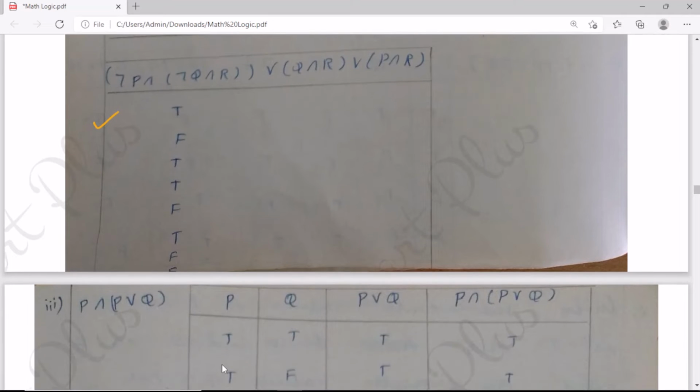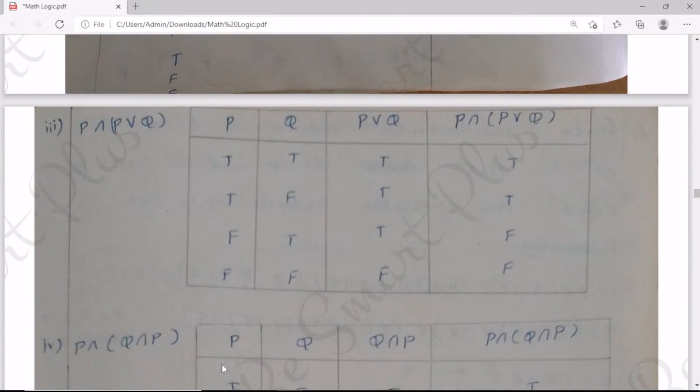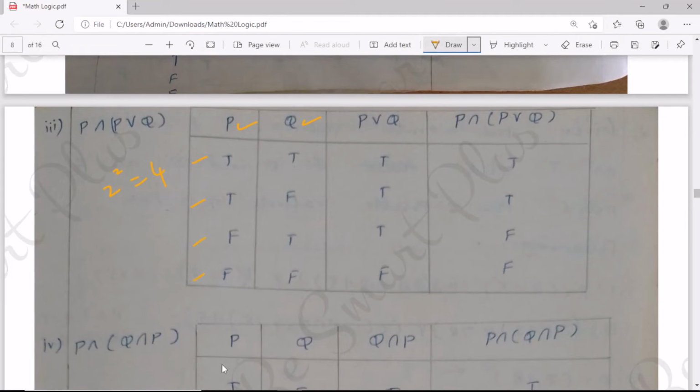Now the next one is P and (P or Q). This is a very simple one, isn't it? Here we have 2 variables P and Q, so we have 4 possibilities: true true, true false, false true, false false. So we have to use disjunction between these two.